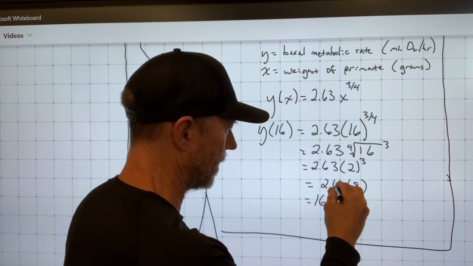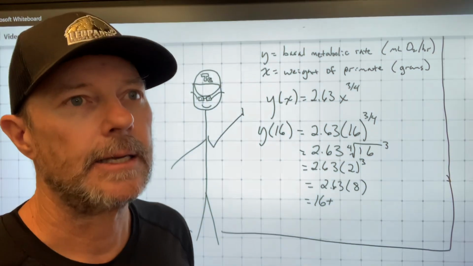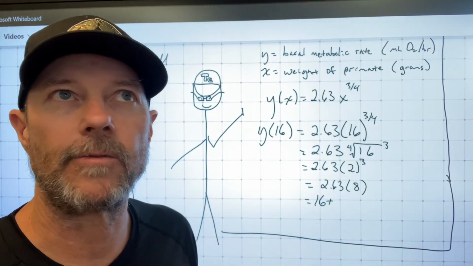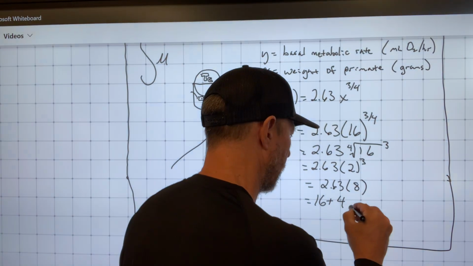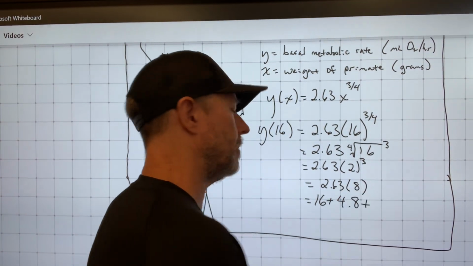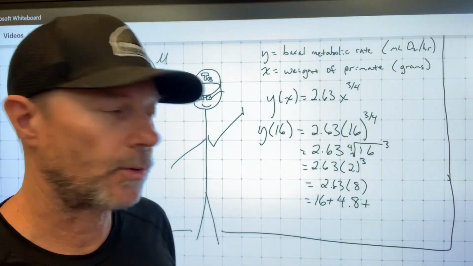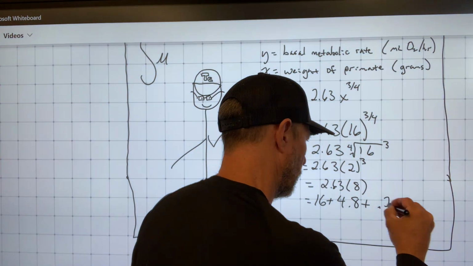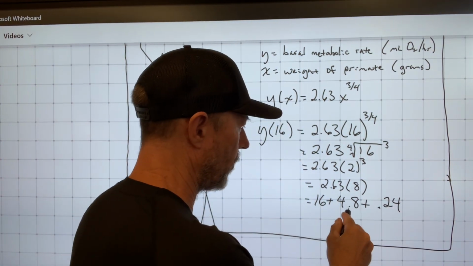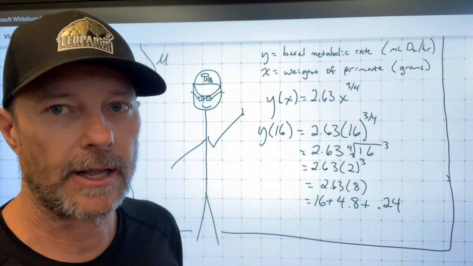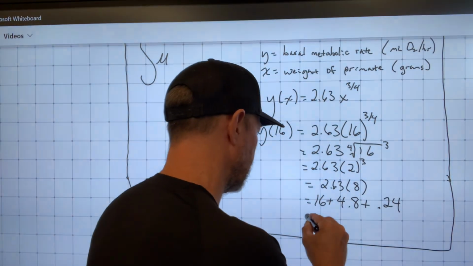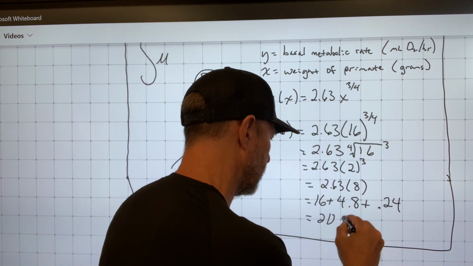And then 8 times 0.60. Let's see, 8 times 6 is 48, so 8 times 60 cents would be $4.80. And then 8 times 3 cents would be 24 cents. So when I add $4.80 to 24 cents, I get $5.04. And you add that to 16, you get $20.04.